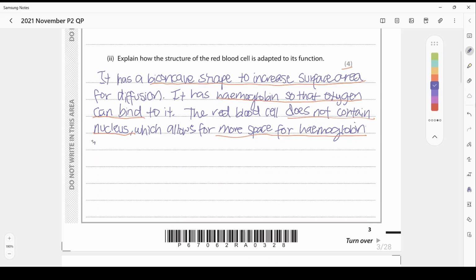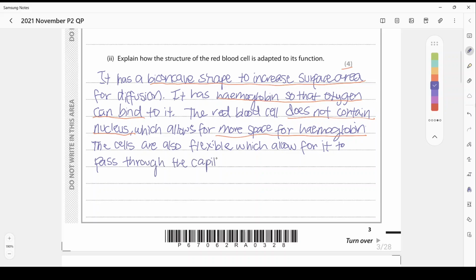Okay, so the cells are also flexible, which allows them to pass through the capillaries.